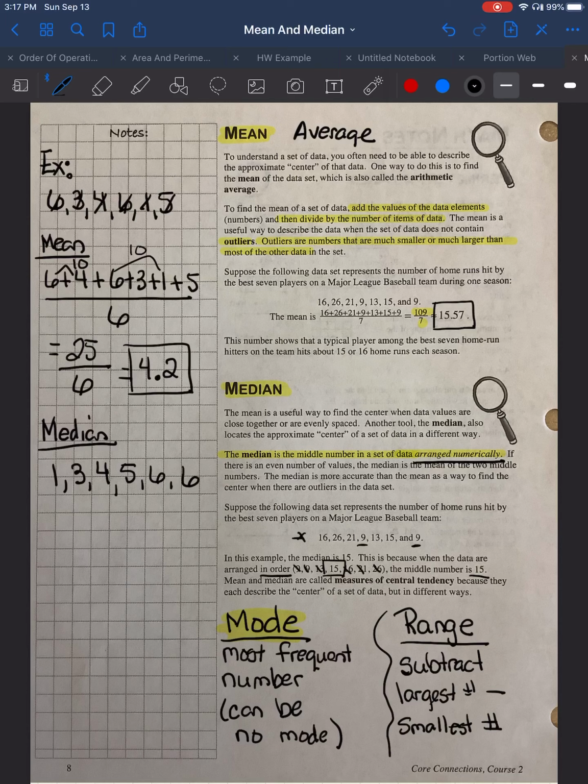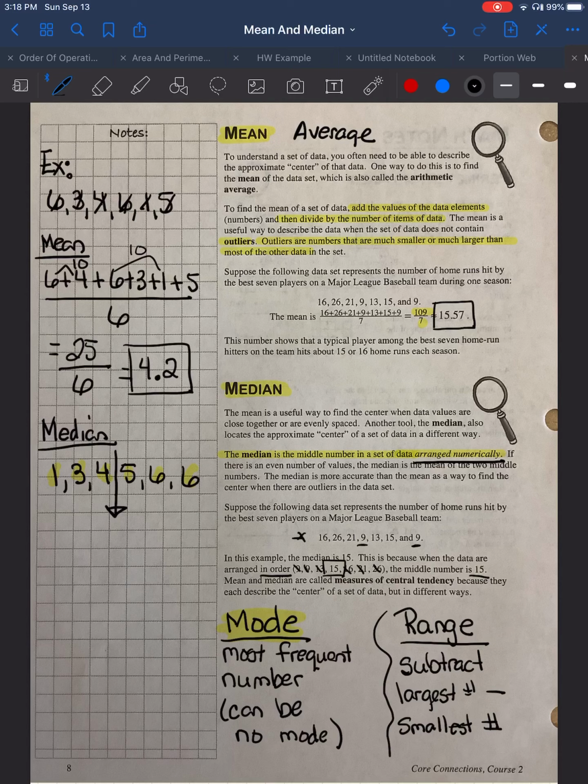So from smallest to largest, there's my numbers. Now, if I start matching these up, I'm going to use the highlighter so I can still see them. 1 matches with 6. 3 matches with 6. 4 and 5, whoa, what happened there? Okay, there's not one number in the middle of this data set because there's an even amount of numbers. So the middle is right there between those two numbers.